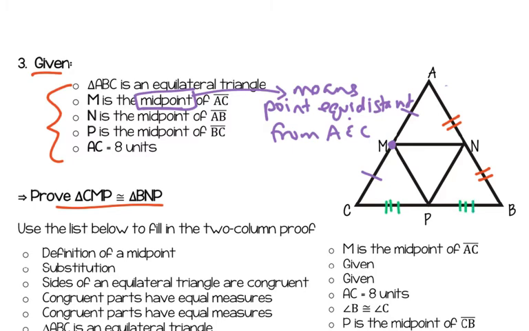Now going back to the equilateral triangle thing, since I know that this piece is the same as this piece, that means if I split it in half, I'm looking at the exact same thing. So even though I marked these with a purple and a red and a green, I actually could mark them all with exactly the same marking because they're the same. And that comes from it being an equilateral triangle.